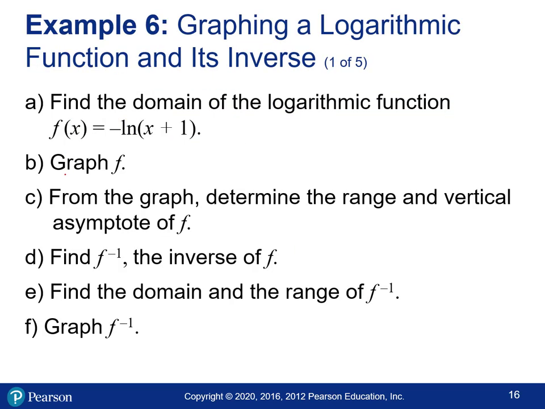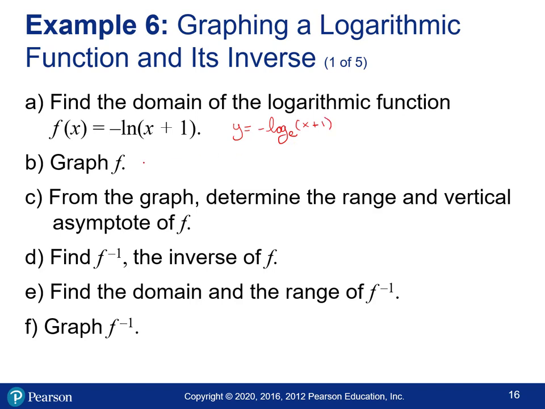Now let's go ahead and work through a few examples where we graph these log functions and also their inverse functions. So our function here is going to be negative natural log of x plus 1. So again, this is the same thing as saying negative log base e, and then our argument is x plus 1. If that helps you, feel free to rewrite it that way.